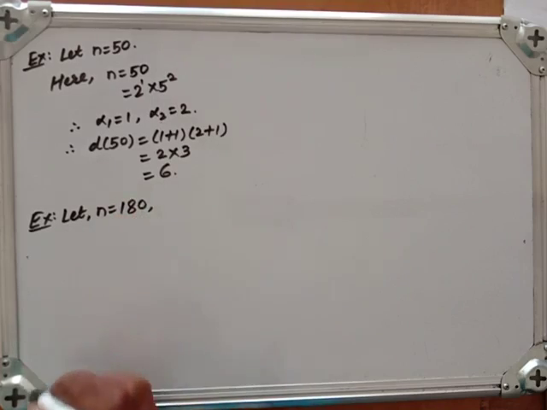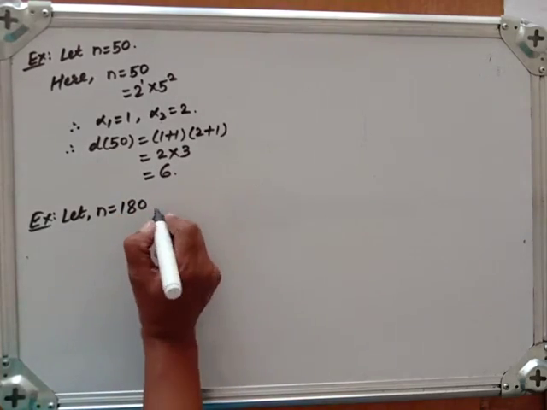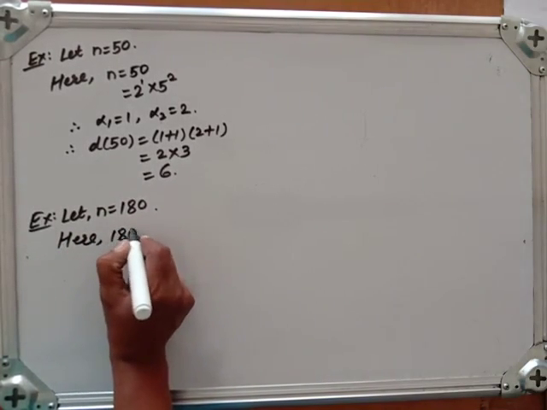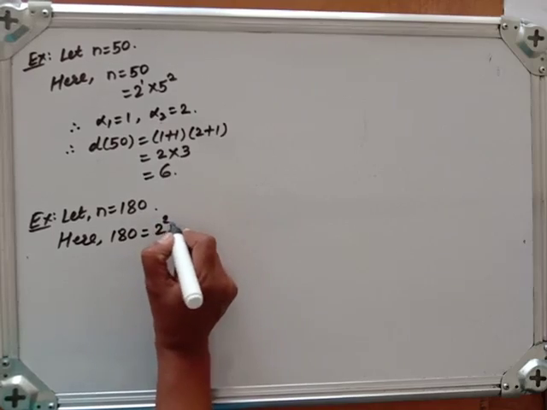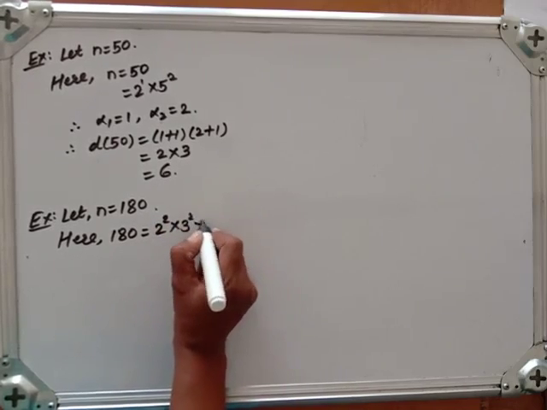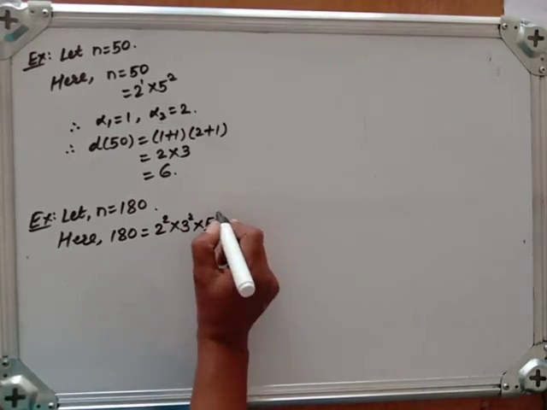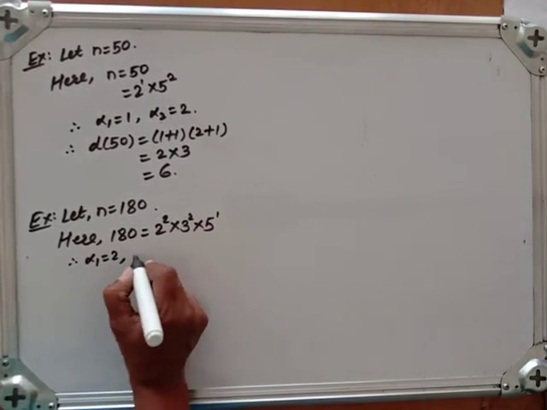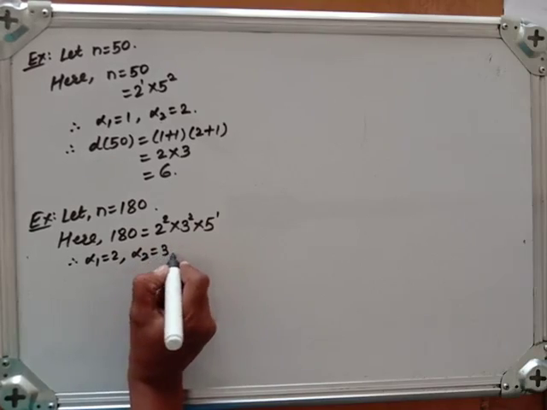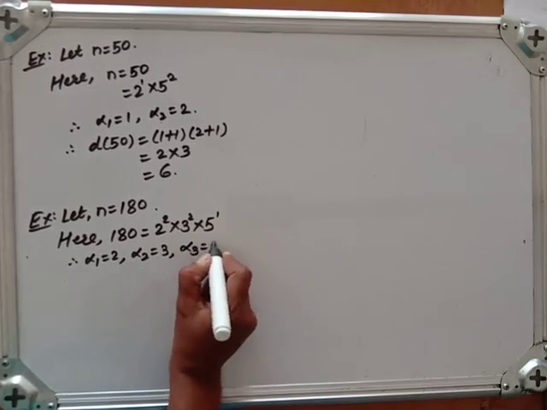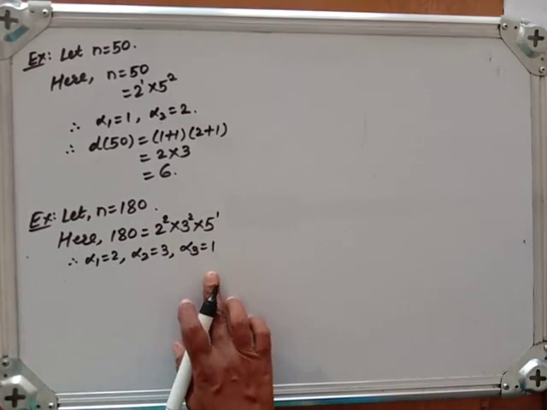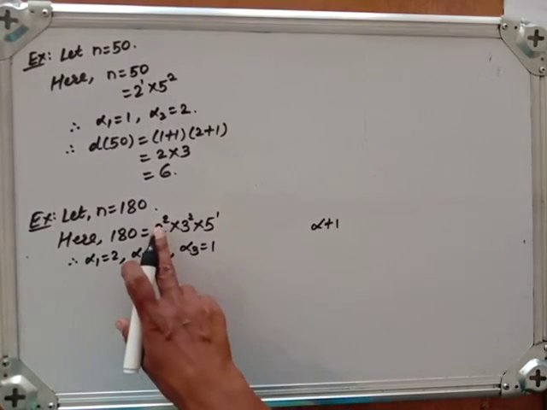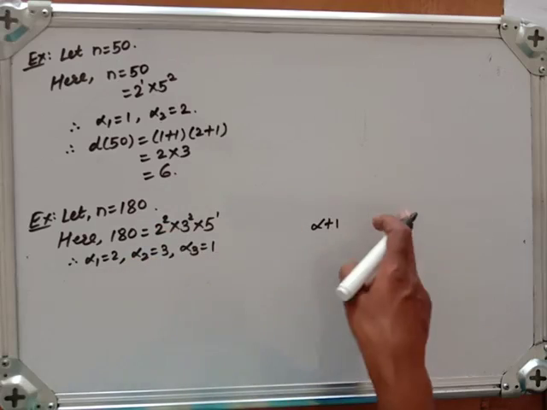Again another example, suppose let n equal to 180. So 180 can be written as 2 square into 3 square into 5 raised to 1. Therefore alpha 1 is equal to 2, alpha 2 is equal to 2 and alpha 3 is equal to 1. Why are there alpha plus 1 choices for each prime? Because we are counting from 0 to that number.